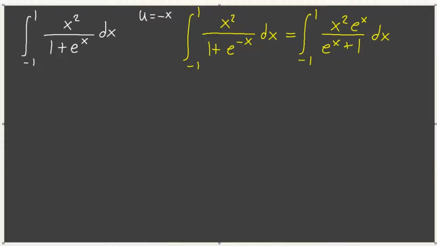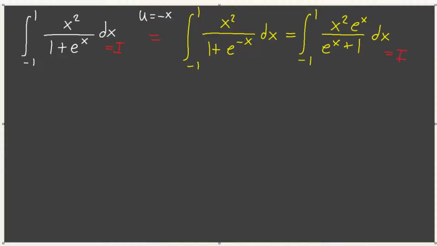Now this is a little hard to see if you've never seen this before. But what happens if we add these two together? If this is equal to I, then this is also equal to I, because this is equal to this. Remember, we just did u substitution, and interchanging variables doesn't really matter in definite integration.